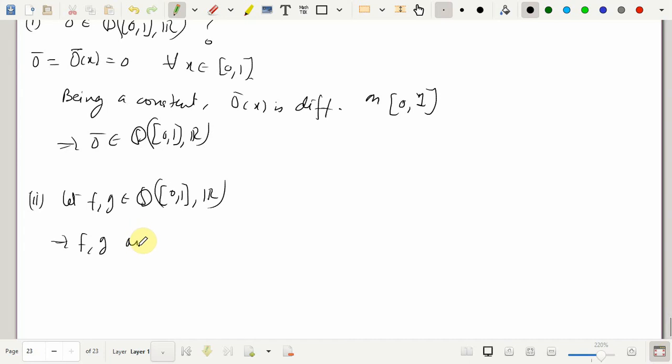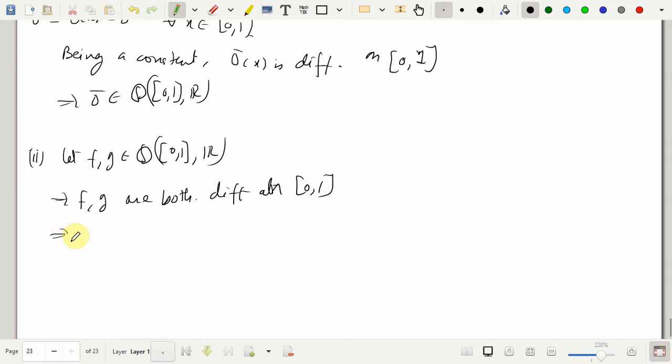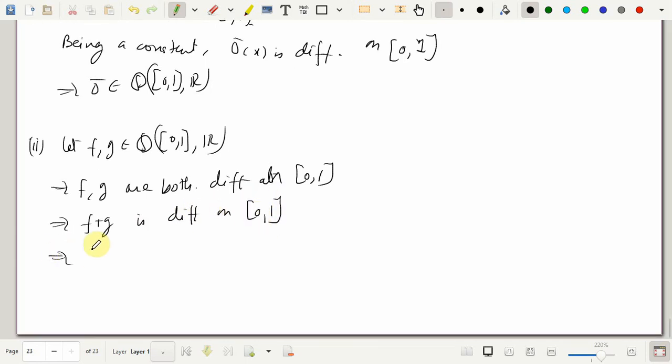So f and g are both differentiable on the closed interval 0, 1. So if that's the case, then we have proved that f plus g, and even f minus g, but here we require f plus g, is differentiable on 0, 1. Once it is differentiable, this means that f plus g belongs to the collection D of 0, 1 to R. Okay, so this proves that addition is closed under this collection.